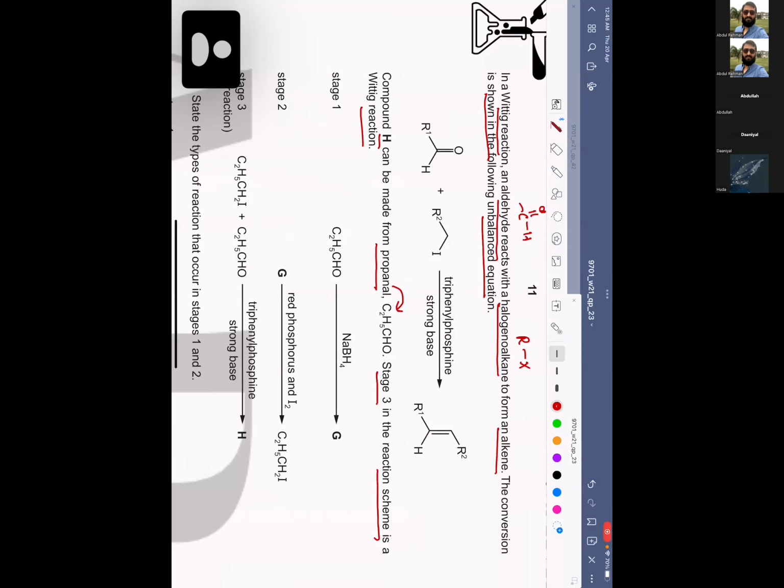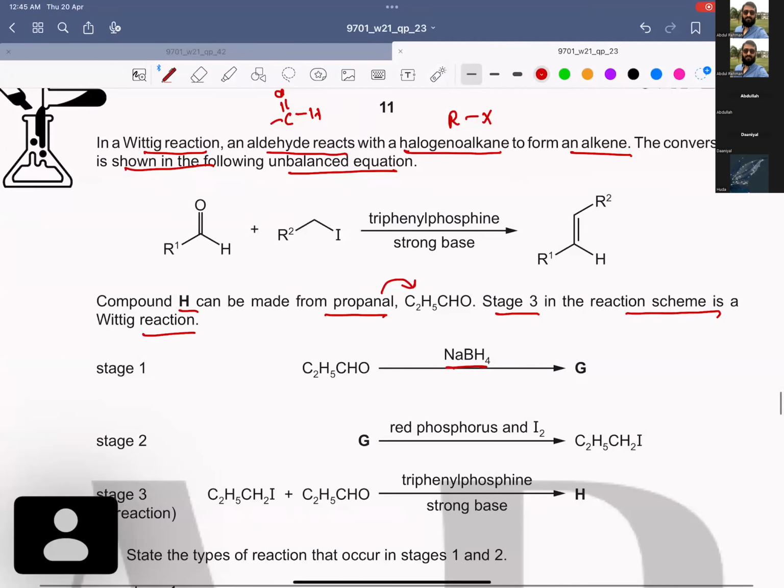So in stage 1, as we have used NaBH4, the reducing agent, it means we are going to get an alcohol. Stage 2 uses red phosphorus and iodine.